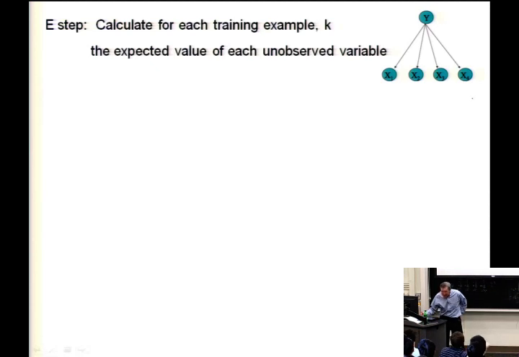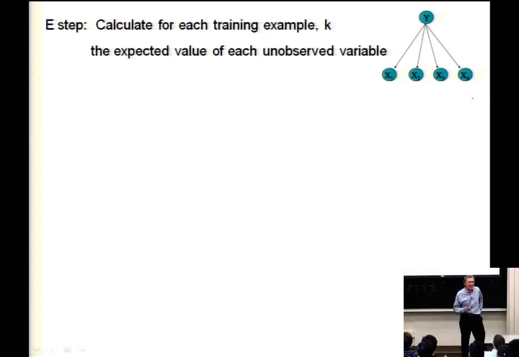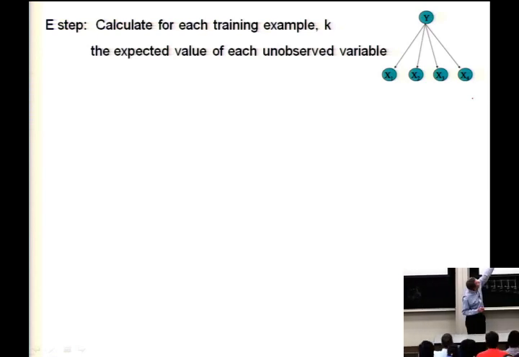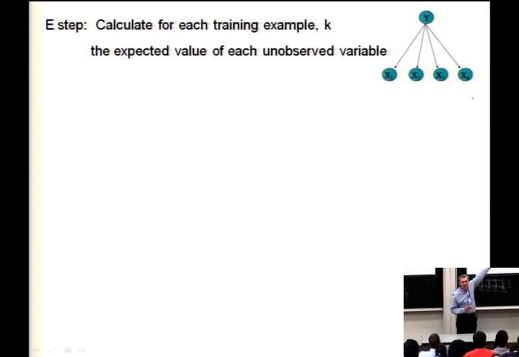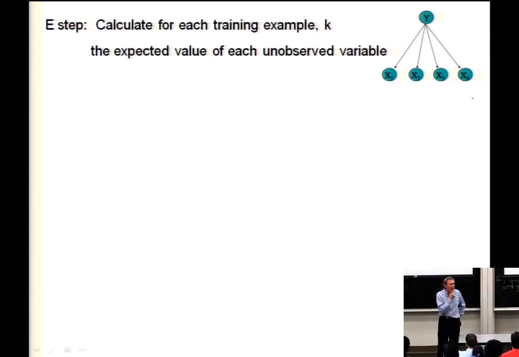We have a Bayes net that happens to be the naive Bayes net, because y is one variable, and all the x sub i's are conditionally independent given y. That's all that Bayes net says. And so given this partially labeled data where you don't know all the y's, you're going to use EM.